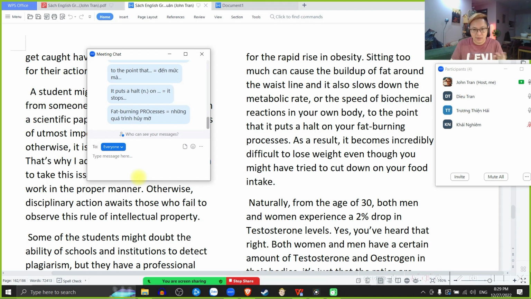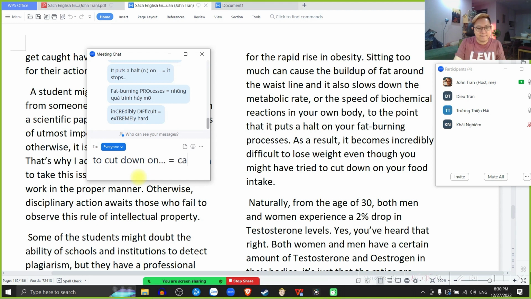As a result, hậu quả là gì? It becomes incredibly difficult. It means extremely hard. Rất là khó luôn á. To lose weight, để mà giảm cân. Even though you might have tried to cut down on your food intake. Mặc dù các bạn có thể đã ráng cố gắng là to cut down on cái gì đó.